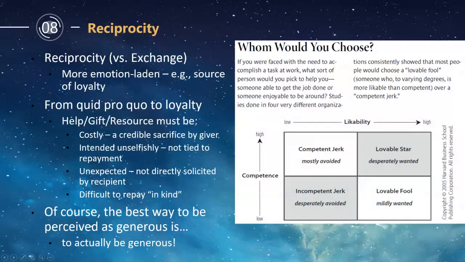And then reciprocity creates a sense of loyalty, right? As opposed to exchange, which is short-term, short-sighted, short-term lifetime value, as opposed to something you want to maintain for the long term. And from this loyalty, you want to make sure whatever help you're extending out, could be resource, could be a gift, could be some kind of help, it must have a cost associated with it, right? Basically, it cannot be something that's free to you.